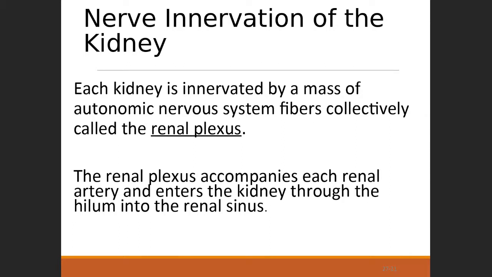We will talk about feedback mechanisms by which the kidney is responsible for maintaining blood volume, therefore having a role in regulating blood pressure and blood composition, as we've already stated. So we have to have a means of innervating the blood vessels extending to that kidney, because that's how we're going to control kidney filtration. Kidney filters blood. We control the rate by limiting how much blood gets to the kidney.